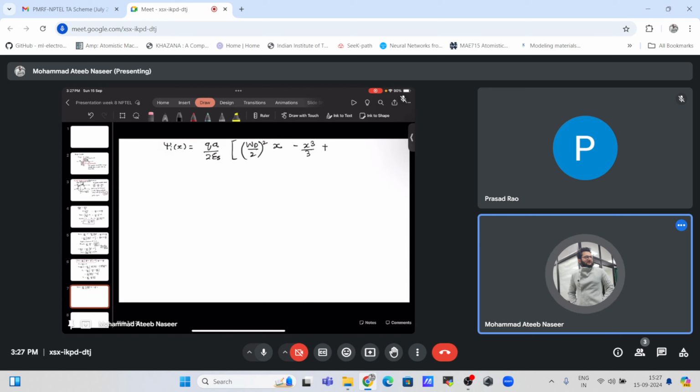So it will be plus (WD by 2) cube times 2 by 3.